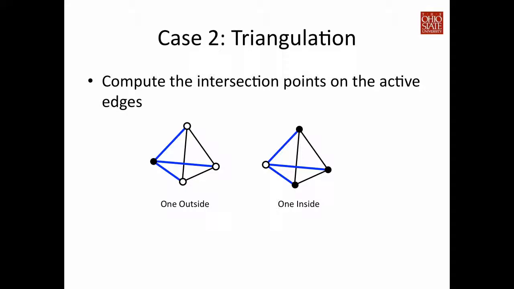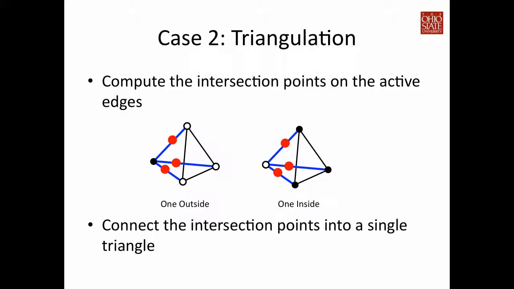So how do you compute the intersection point on the active edges? Based on the values at the black and the white dot, we apply the same linear interpolation principle like we discussed in the 2D case and find out the position of the intersection, shown as a red dot here. After we get the intersection points, we connect them to form, in this case, a single triangle.